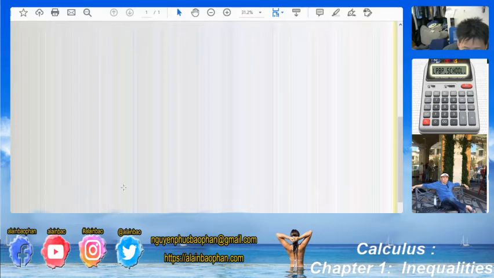Minus 5 plus 3 is minus 2. So that means this interval is always negative. So put a negative sign here. Between minus 4 and minus 3, let's put minus 3.5, right? So minus 3.5 plus 3 is minus 0.5.